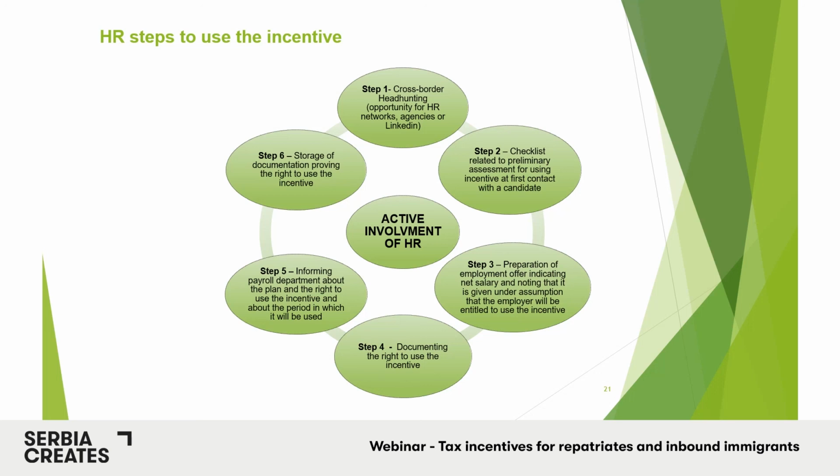And the second reason is that the incentive has been drafted in a way to follow the employee. So what does that mean? Essentially, let's say that I come back to Serbia, or I'm a newly settled taxpayer who meets the conditions for this incentive, and I am employed by employer A. Now the duration of the incentive is 5 years.